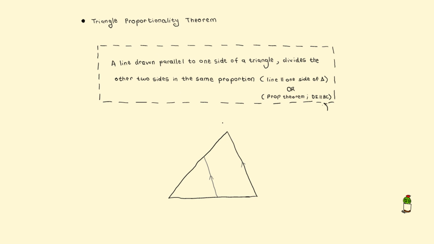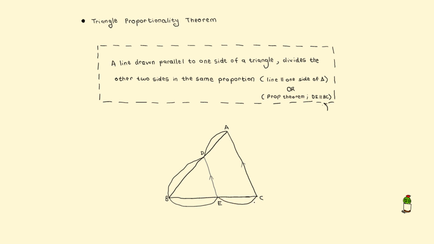So if we take what we have currently and we say that this was triangle ABC, and we drew the line DE parallel to AC, what we have now created is a proportion on these other two sides. It means that BD to DA is in exactly the same ratio as BE to EC.